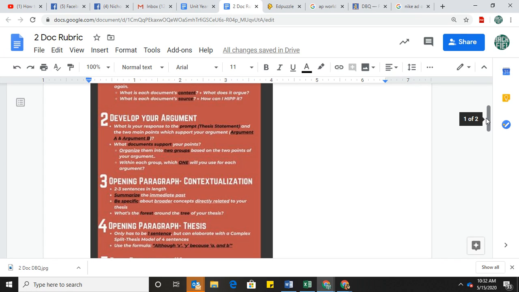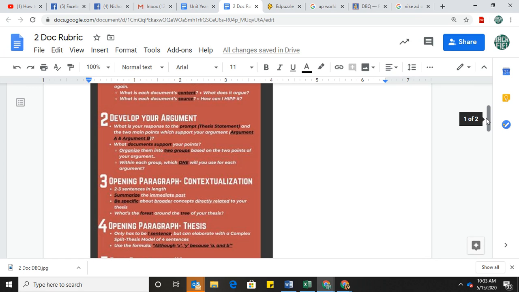All right, so the one thing, again, my disclaimer about only using 2 docs is you still want to read over the other documents, because you don't want to put in outside evidence that's already been discussed.